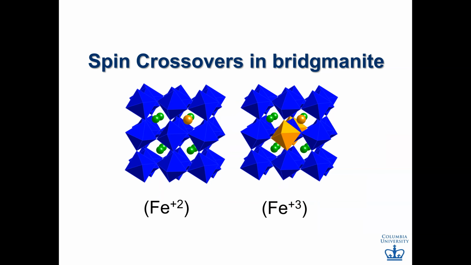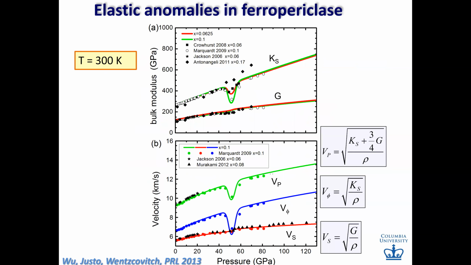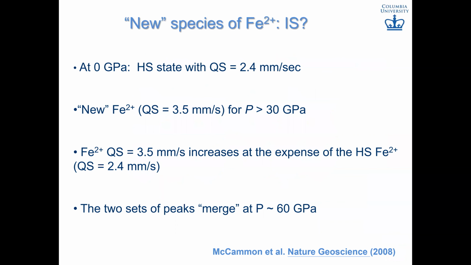I'm going to show just a little about what's happening in ferrous iron in bridgmanite. In 2008, most Mössbauer measurements in ferrous iron in bridgmanite indicated that there is a spin state change in ferrous iron. At low pressure, S equals 2, high spin state, quadrupole splitting 2.4 millimeters per second.